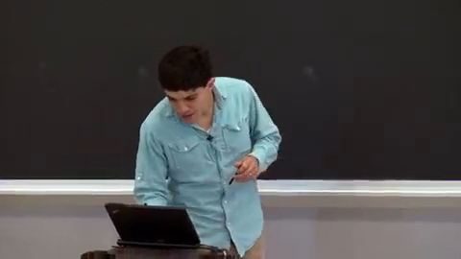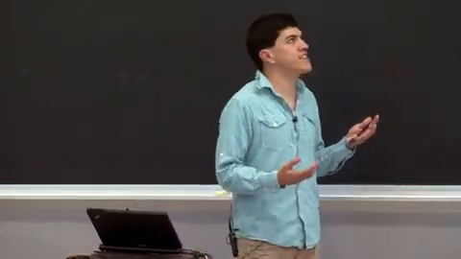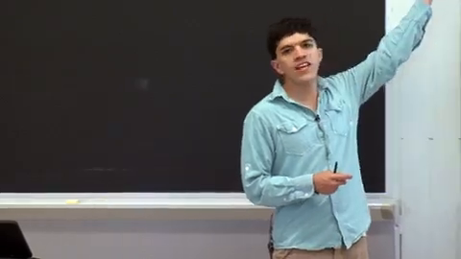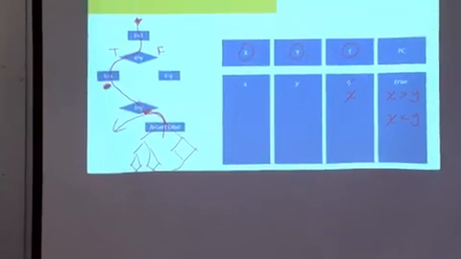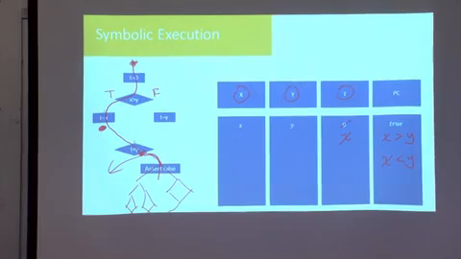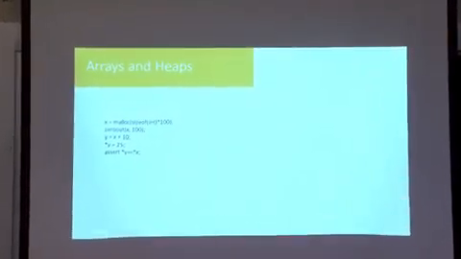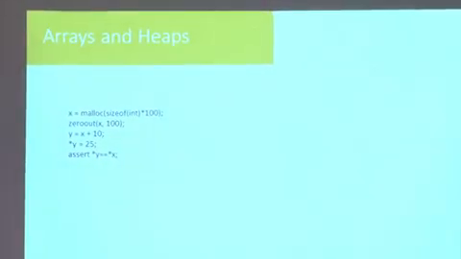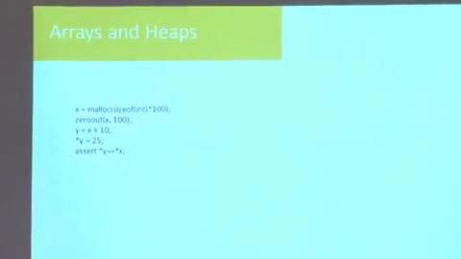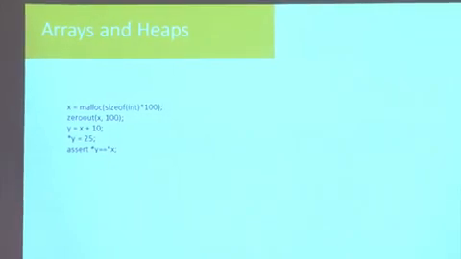OK, so far, though, we've been talking mostly about toy code, in the sense that it's only integer variables, branches, very simple stuff, right? What happens when you have a program that is more complicated? And in particular, what happens when you have a program that involves the heap? The heap has historically been the bane of all program analysis.